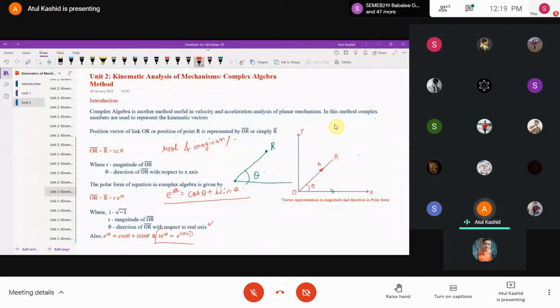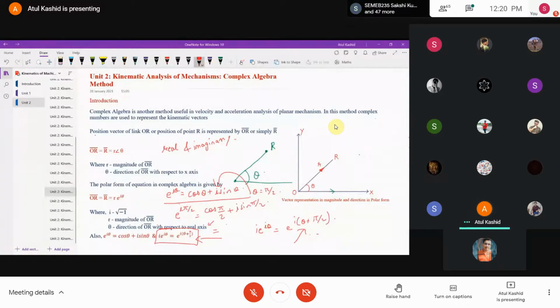And this equation is also applicable, right? So I times e raised to I theta can be written as e raised to I into theta plus pi by 2. So how did we get this equation? If we consider theta equal to pi by 2 and substitute in this equation, it will be e raised to I pi by 2, that is equal to cos of pi by 2 plus I sine of pi by 2, right?